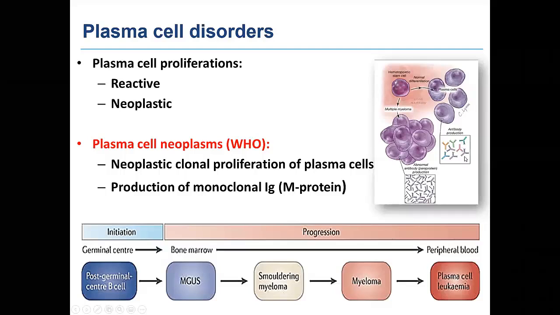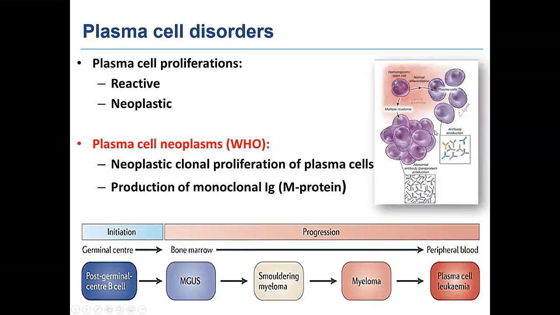Now these antibodies, as you can see, are of multiple colors, indicating that some could be IgG, some could be IgA, and also some could be kappa, some could be lambda. On the other hand, suppose this plasma cell becomes neoplastic. There will again be proliferation of the plasma cells, but these plasma cells will be clonal.